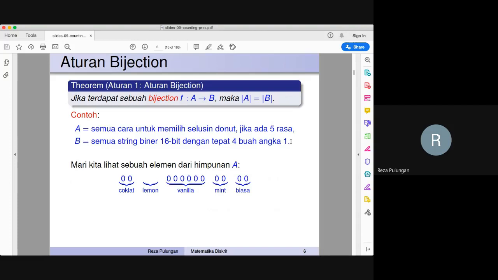Right now we know how to compute this. This is just equal to 16 select 4. 16 select 4 is equal to 16 factorial divided by 4 factorial multiplied by (16 minus 4), namely 12 factorial. So you know right now the answer.